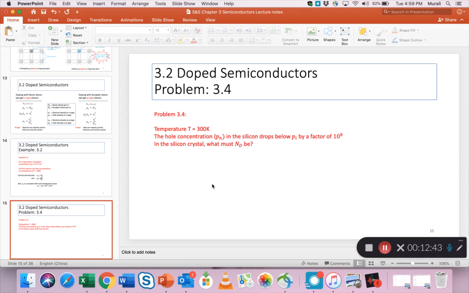So he is asking, if this is the condition and this is all silicon, what was the concentration or the density of the donor material? How many electrons per cubic centimeter of the donor material, which is capital N_D, is what he's asking.